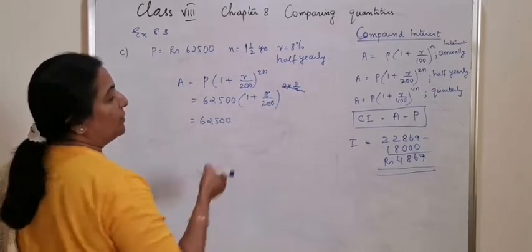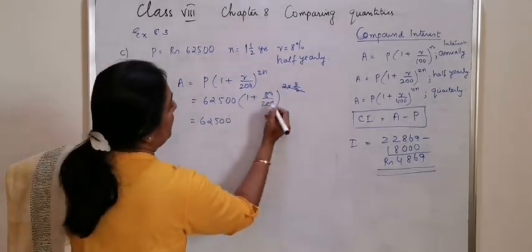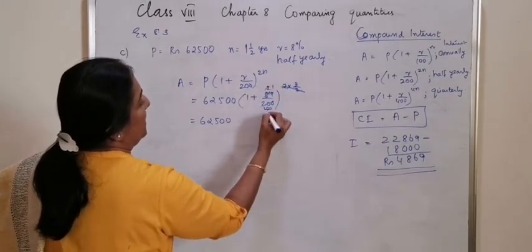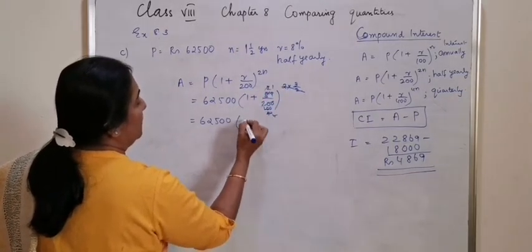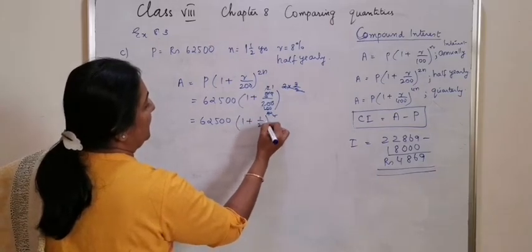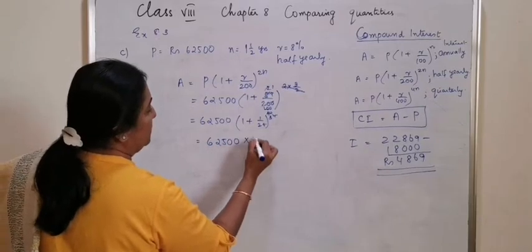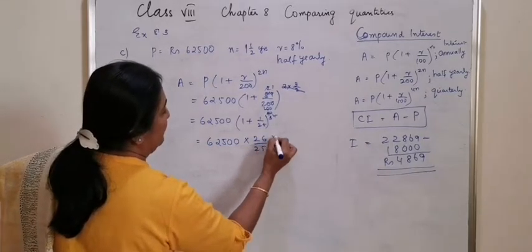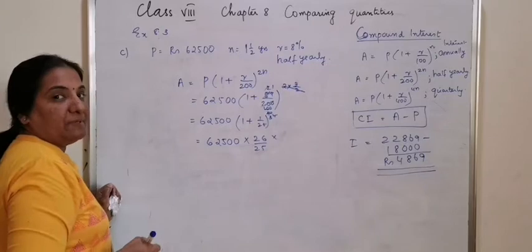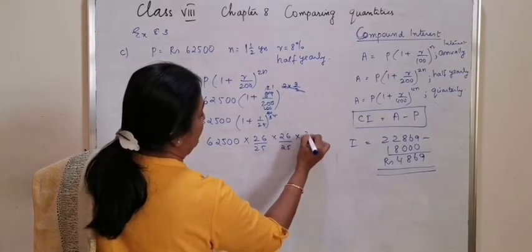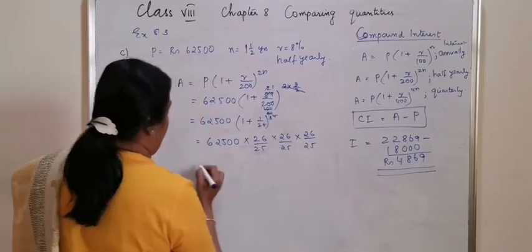62,500 into, you can reduce it as 2 by 4 by 100, again 2 by 50, 1 by 25, or (1 plus 1 by 25) to the power of 3, 62,500 into 26 by 25, LCM is 25 plus 1, 26 by 25, 26 by 25 into 26 by 25.